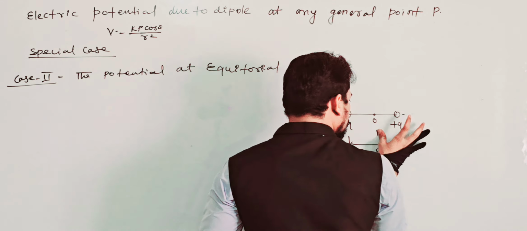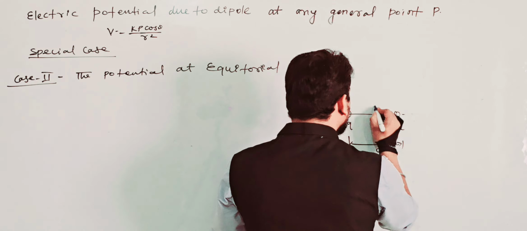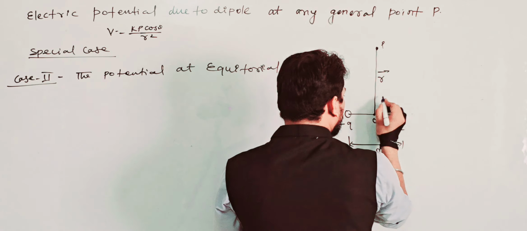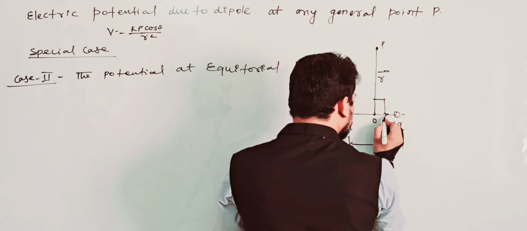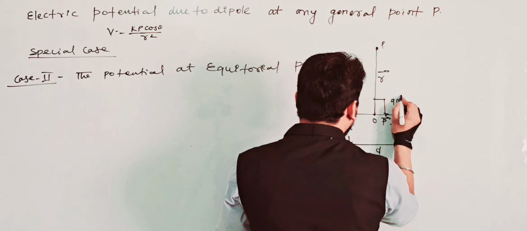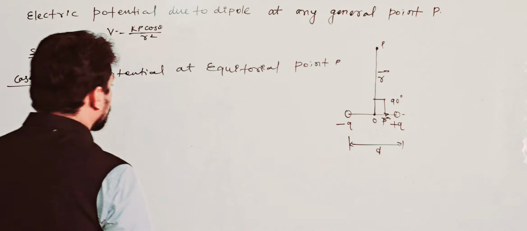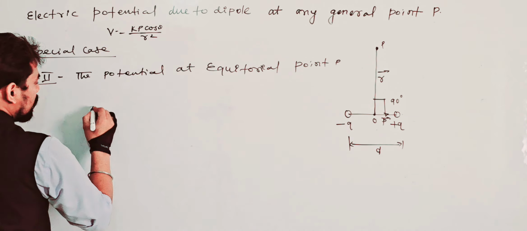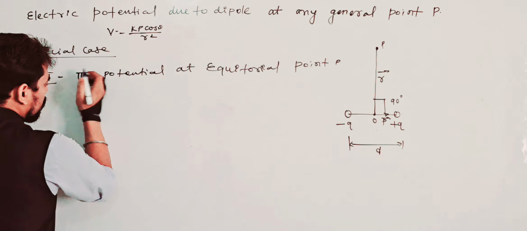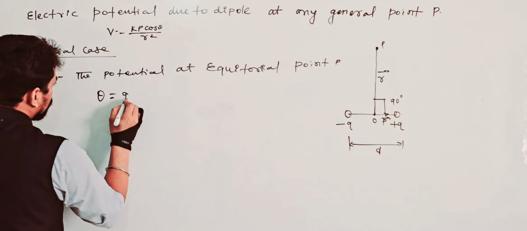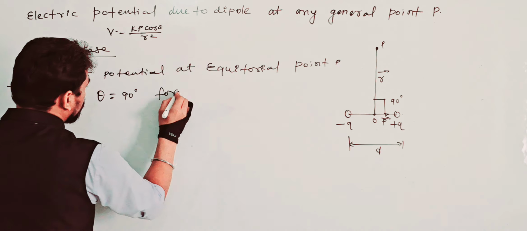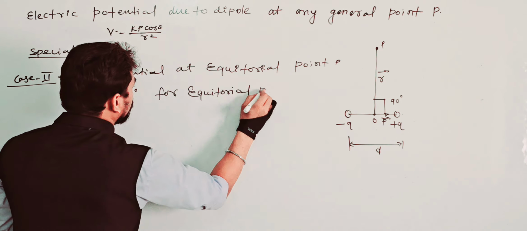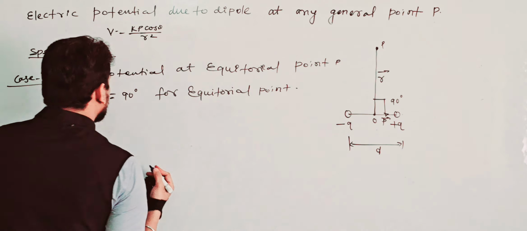This is the axial separation r. The equatorial point is this one, the separation is r, and the angle with the dipole moment is 90 degrees. For an equatorial point, theta equals 90 degrees.